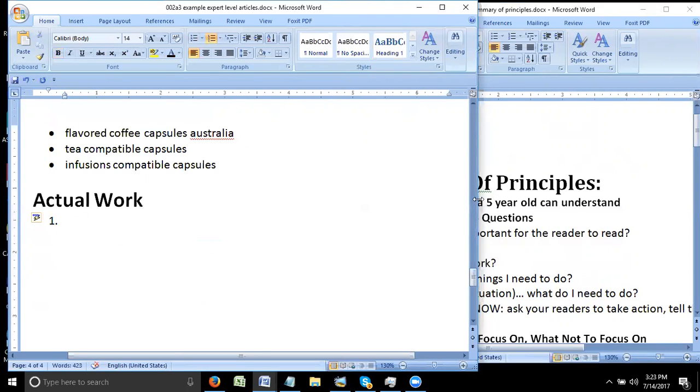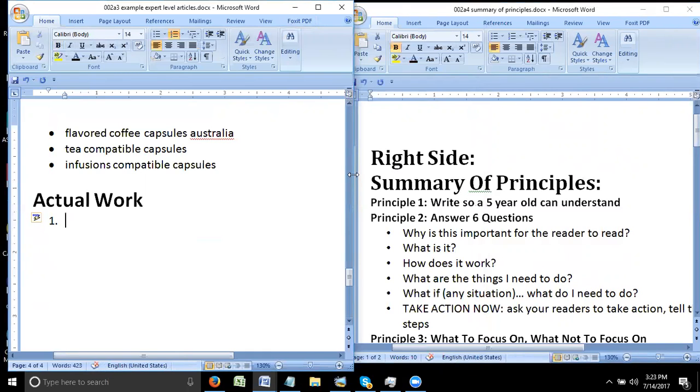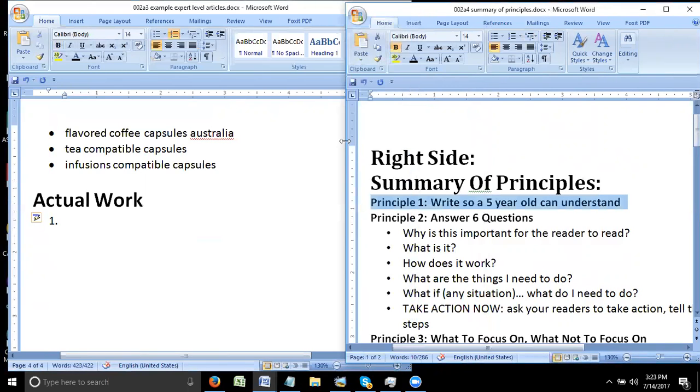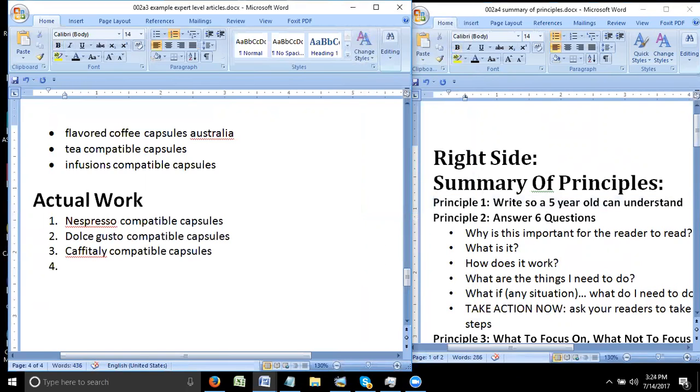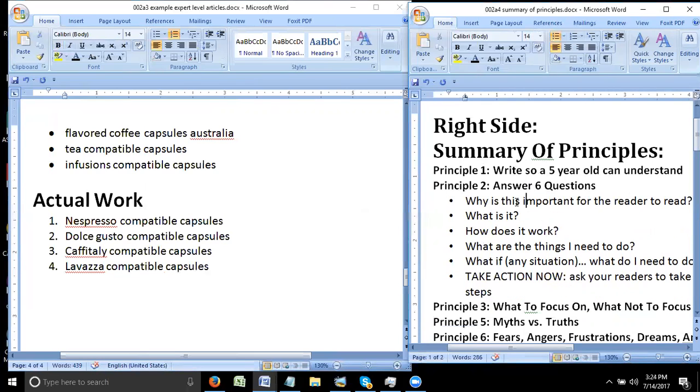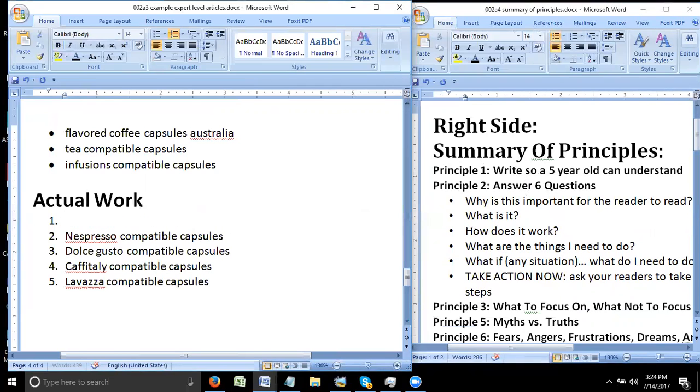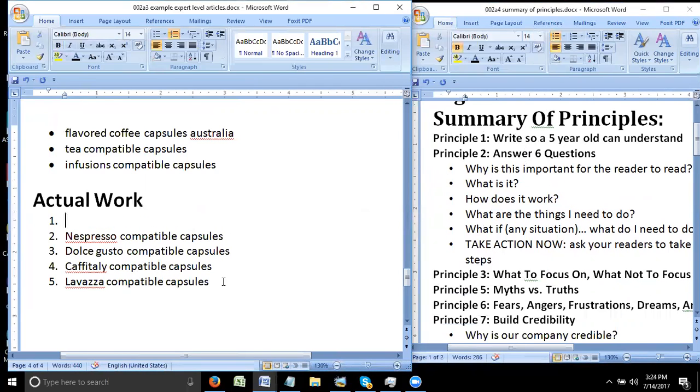Let me just make this smaller so we can see the principles. Maybe I'll make this other side smaller. So number 1. So I just listed some of the keywords here.